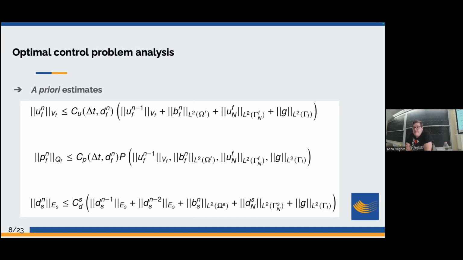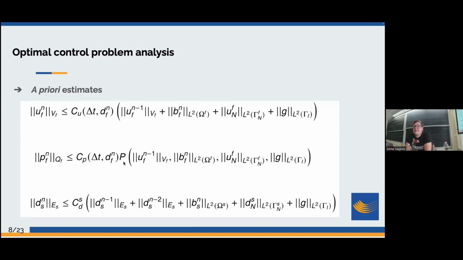I will not go into details here, but using the classical properties, you can obtain the following type of a priori estimates here, which basically depends on the pre-computed fluid displacement and all the variables which are known at the time step Tn, and also it depends on the control.